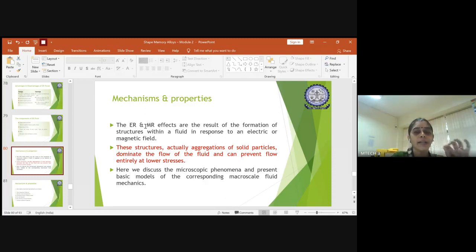Whereas if the given fluid responds to the magnetic field, then that smart fluid is classified as an MR fluid. So MR fluid and ER fluid are bifurcated due to the electrorheological and magnetorheological effects which come into picture when you subject the fluid to an electric field or magnetic field.